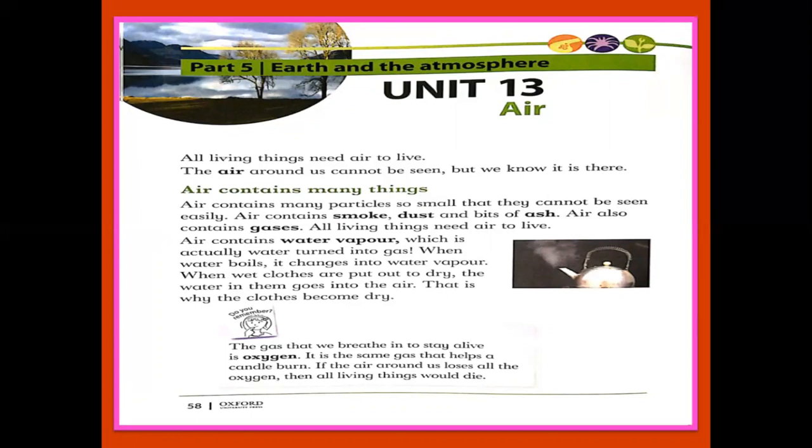You can say it is a compound, meaning a composition of different gases like oxygen, nitrogen, carbon dioxide, and some other gases. Inshallah, I will explain. But first of all, if anyone asks you what is air, you can say air is a mixture of different gases, and all living things need air to live.